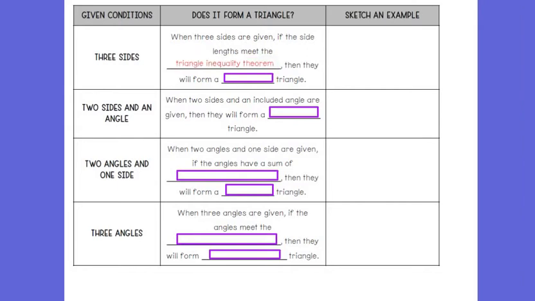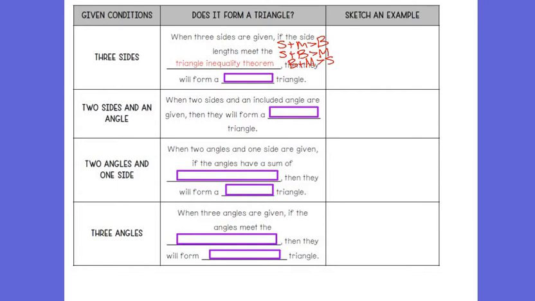And what that was is where we had a small plus a medium had to be bigger than our big. A small plus the big had to be greater than the medium. And the big and the medium had to be bigger than the small.